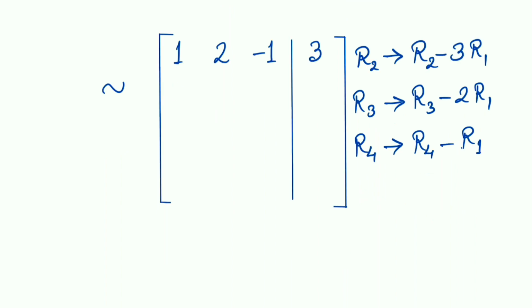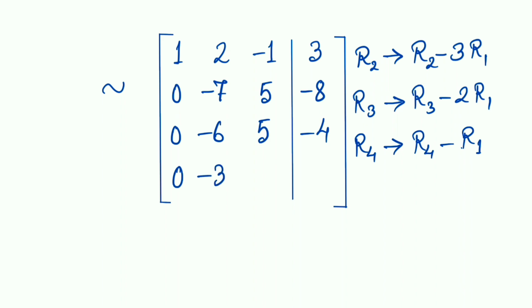And then row 4 minus row 1. We will do all the operations together to reduce the number of steps. So row 2 will be 0, minus 7, 5, minus 8. Row 3, 0, minus 6, 5, minus 4. Row 4, 0, minus 3, 2, minus 4.